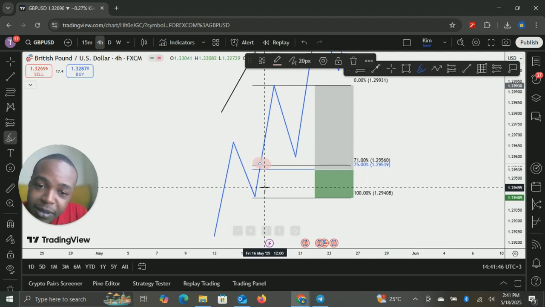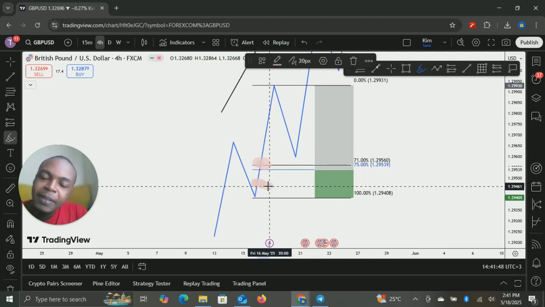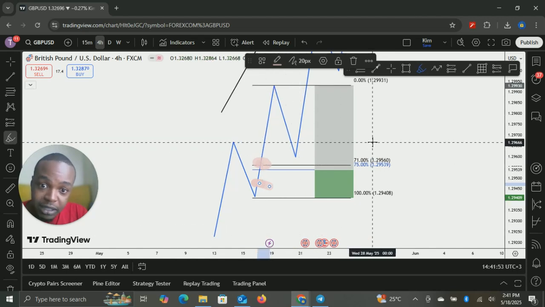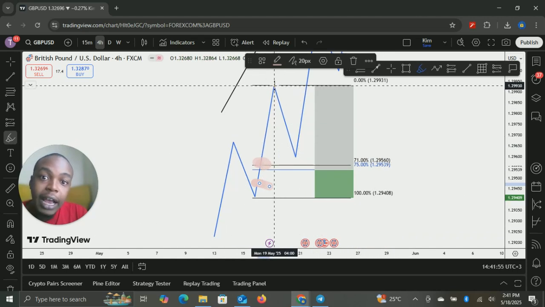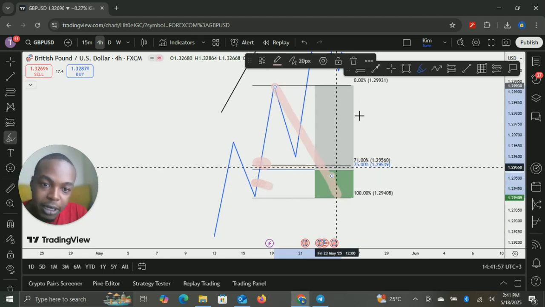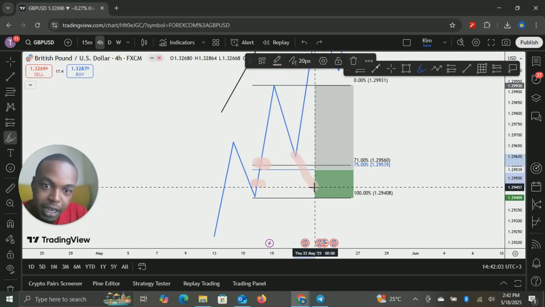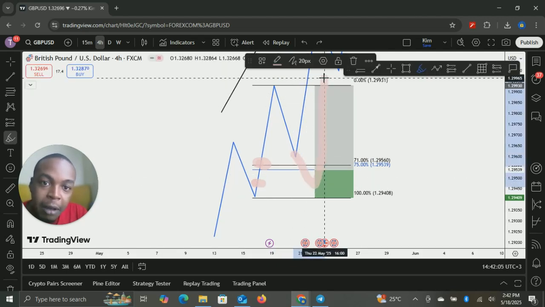If the fair value gap is down here, that means the price might not respect the 71% fib. It will come down here, probably not even hit a sell, but it will come down here. This was the trade: come here, fill the fair value gap, and then start buying.